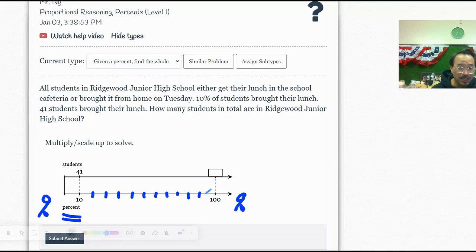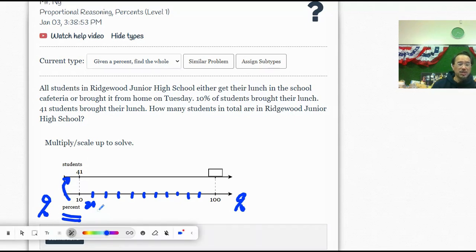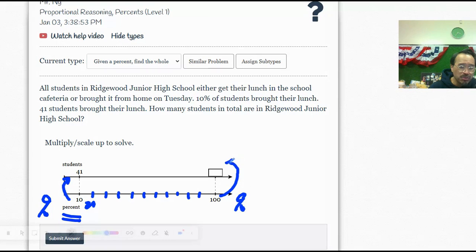I'm not counting, so I could be totally wrong, I just want you to see that. So it'll be 10, 20%, and so on. Now, 10% represents 41 students in that middle school. So if 10% represents 41 students, 100% of the students represent how many people?